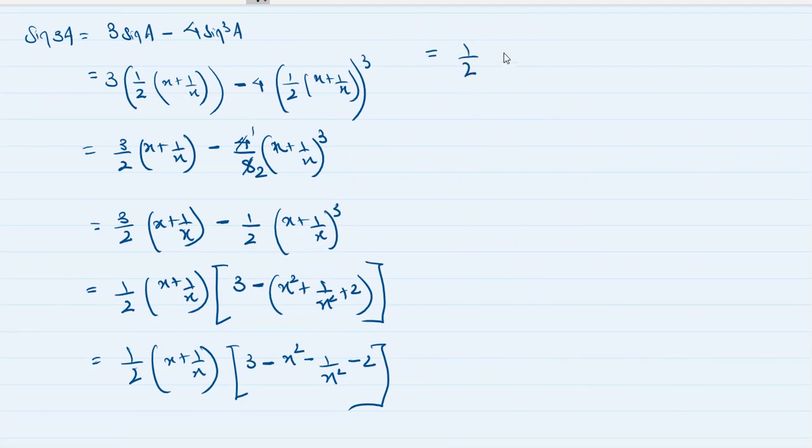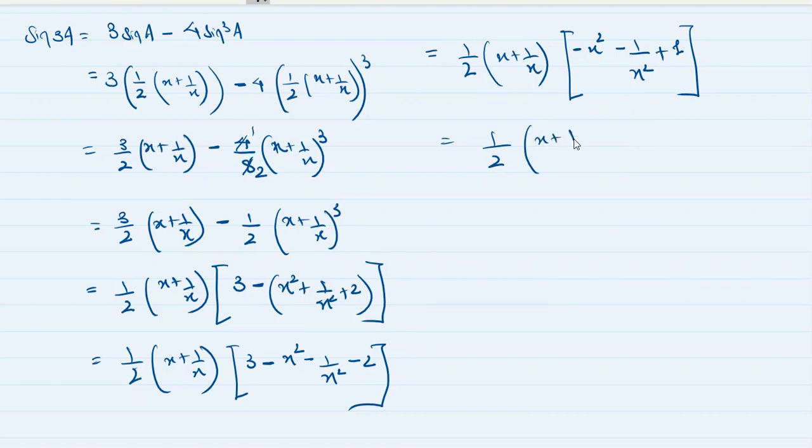That is half of x plus 1 by x bracket, minus x square minus 1 by x square, and 3 minus 2, 3 minus 2 is plus 1. So we have half bracket x plus 1 by x. If we take out this minus sign common, it comes outside, and we are left with, in the bracket, x square plus 1 by x square plus 1.